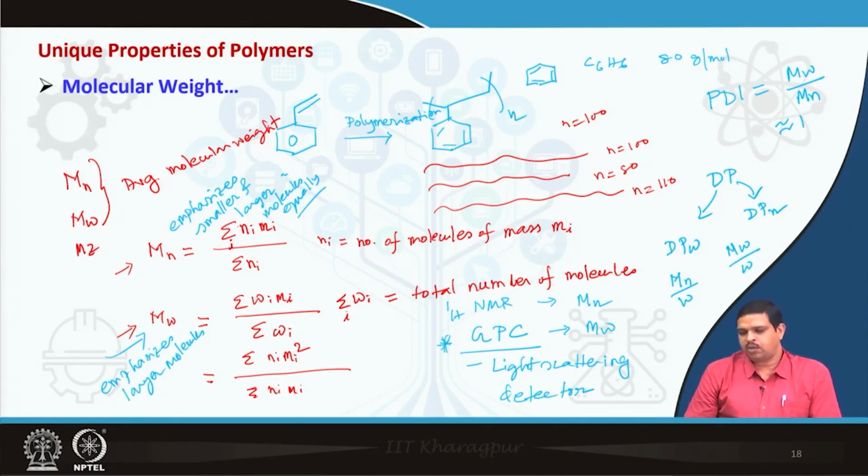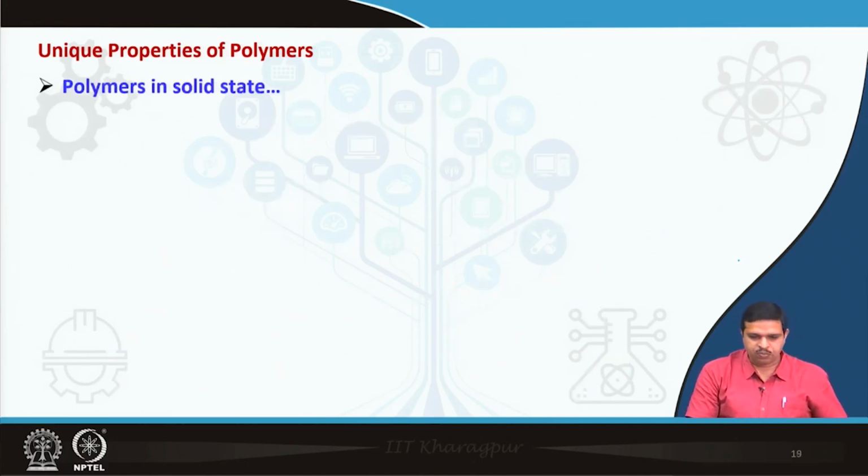In polymers, as I already mentioned, for small molecules we know the concept of crystallization. If you synthesize small molecules in your laboratory, organic, organometallic or inorganic, we say that okay, we have purified by recrystallization.